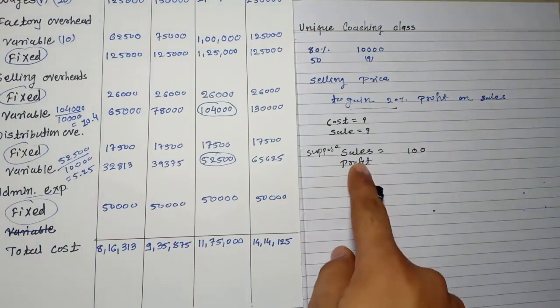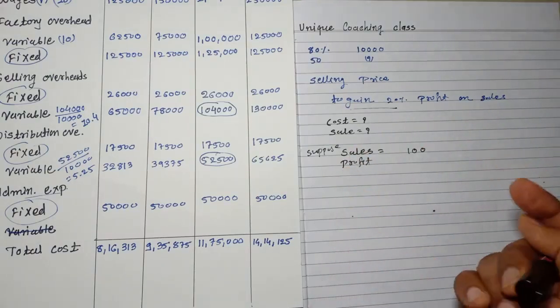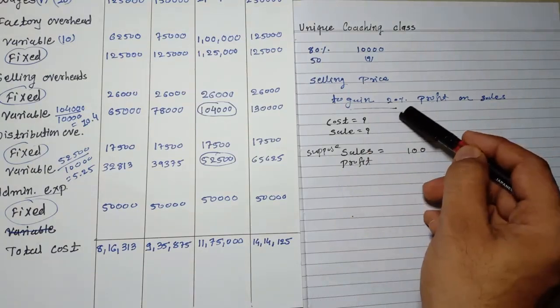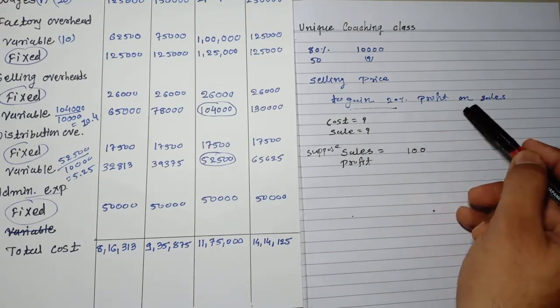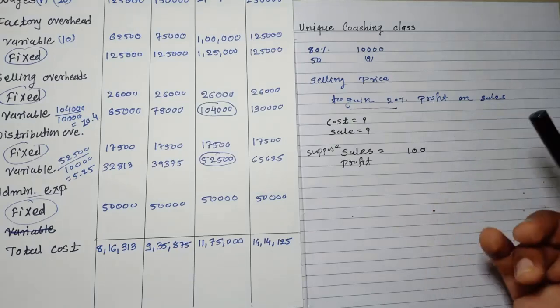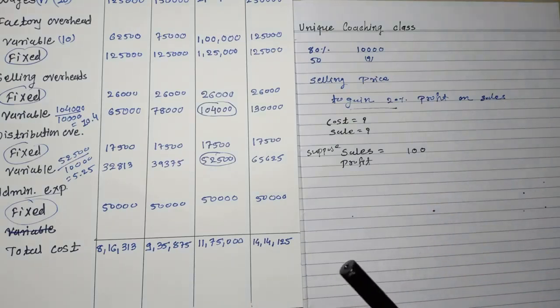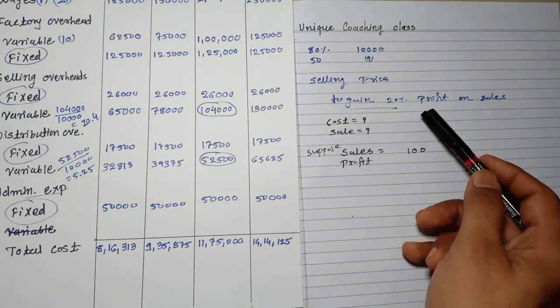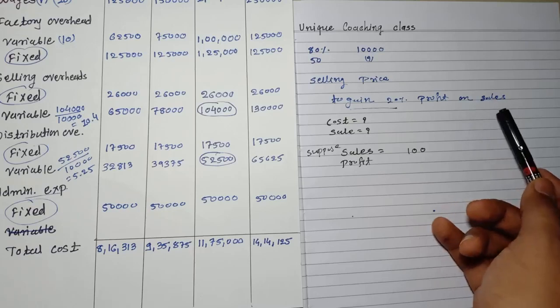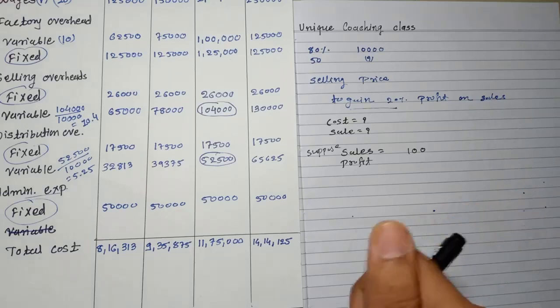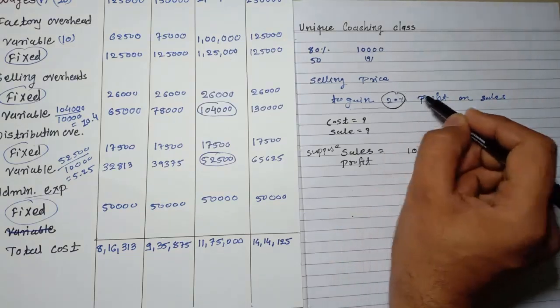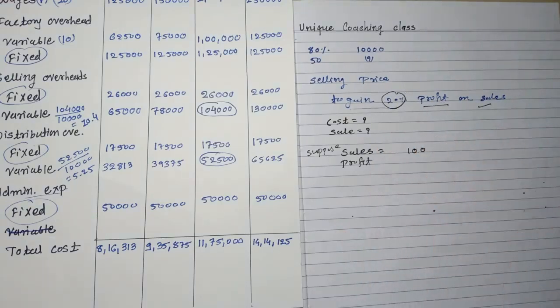Why here we suppose sell? Remember, we suppose the base on which the profit is calculated. 20% profit is on what? On sell. Profit is on sell, so we supposed sell. If profit was on cost, in that case we would suppose cost. So here 20% profit on sell is given, so we suppose sell.